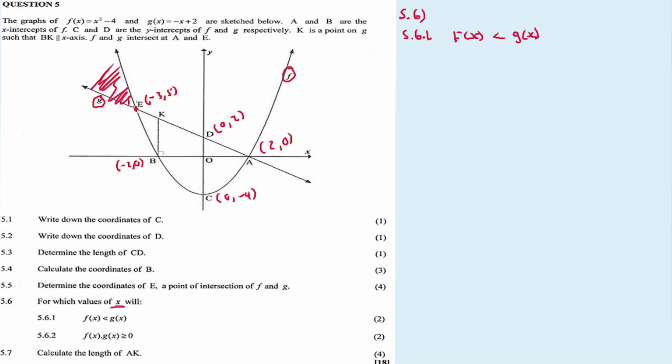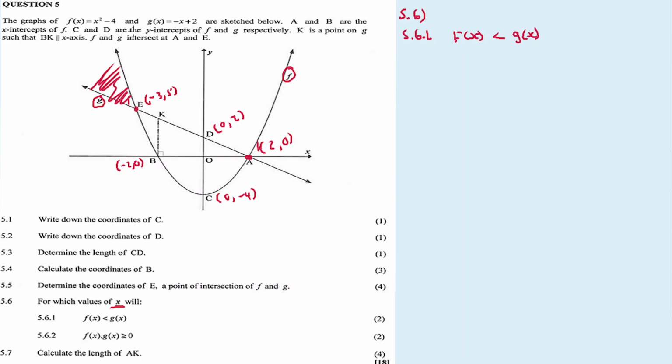From point E, we can see that f of x is below and g of x is above, up until we reach this point. And then going beyond point A, we can see that g of x is below and f of x is below, which is something we don't want together.